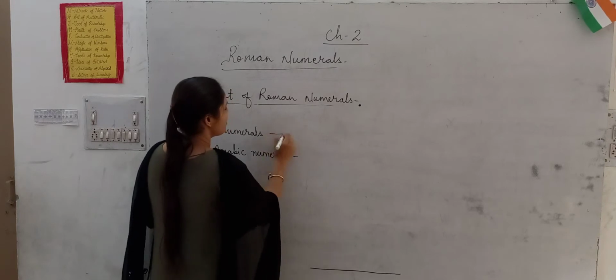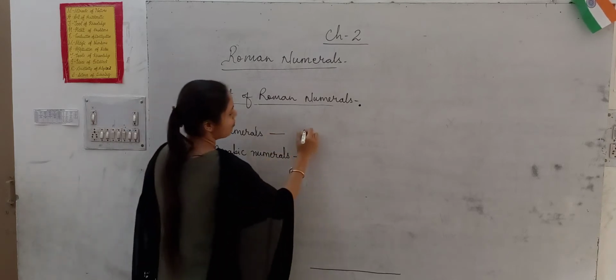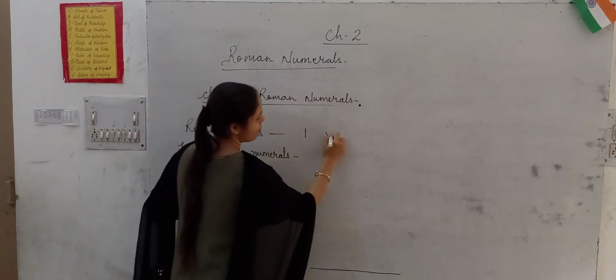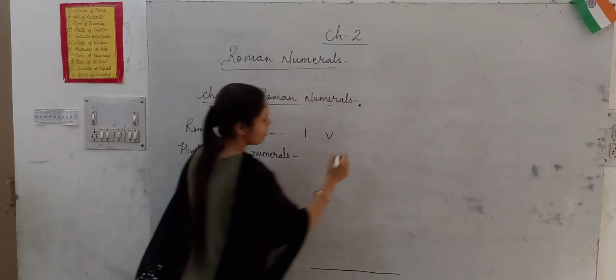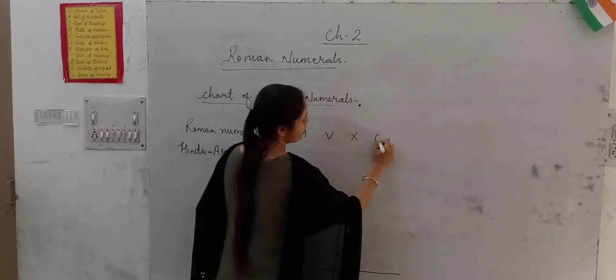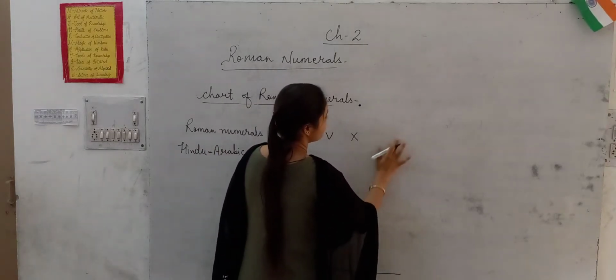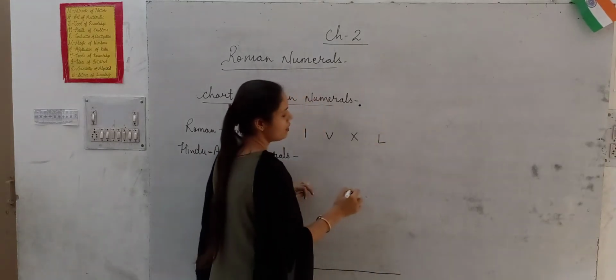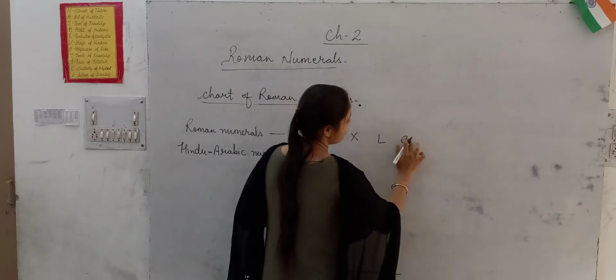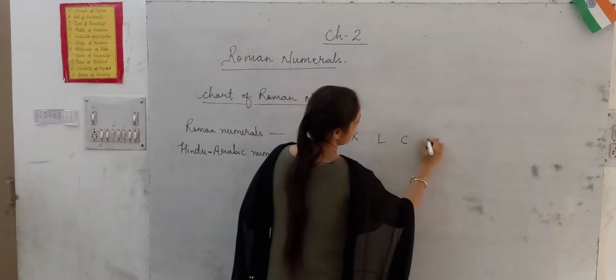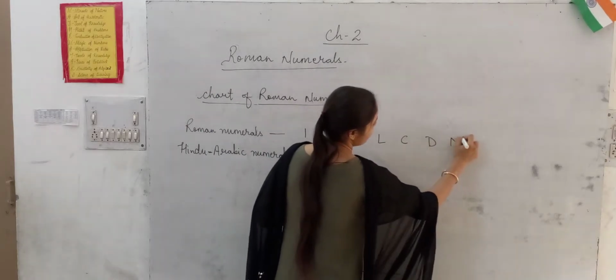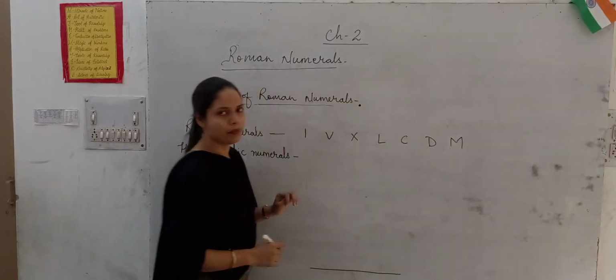So there are the symbols of Roman numerals: capital I, capital V, capital X, capital L, capital C, capital D, and English alphabet capital M.